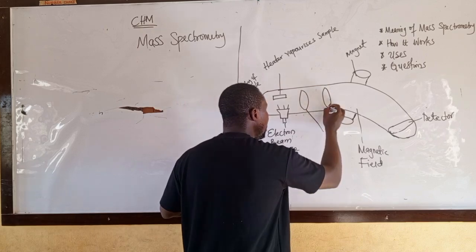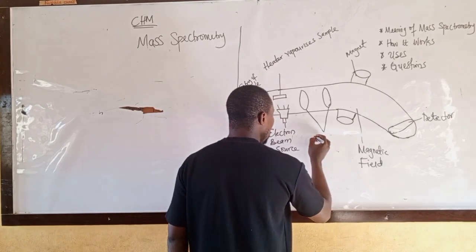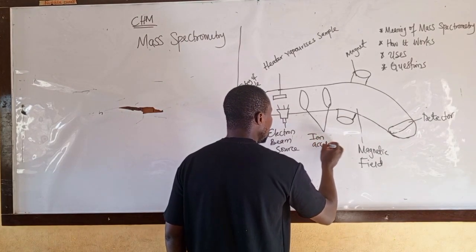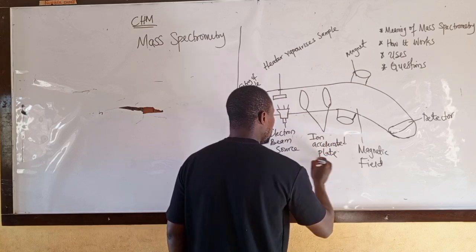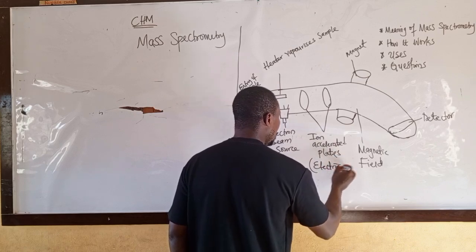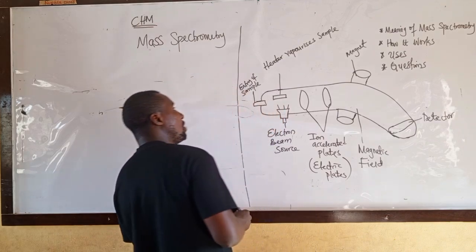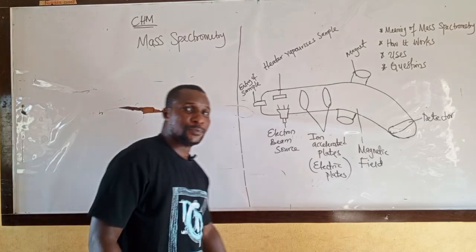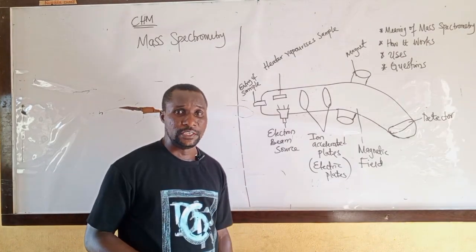Two of them together are known as the ion accelerator plates, which are electric plates. Okay, you have it. This is the mass spectrometer, and with this I will explain how it works.